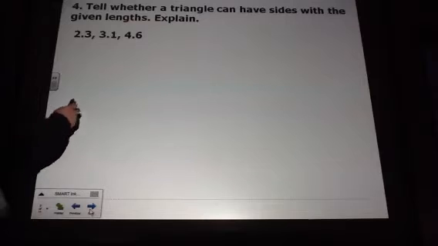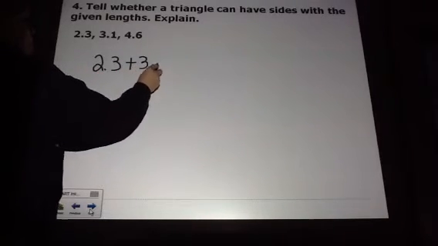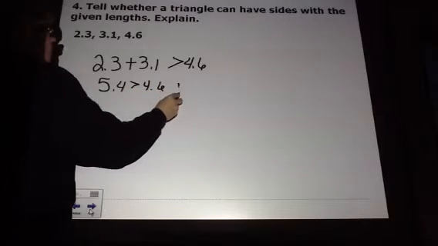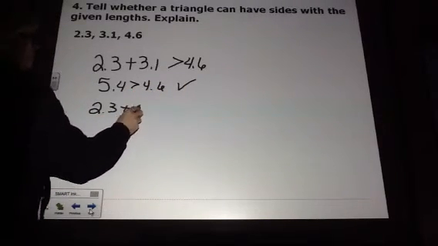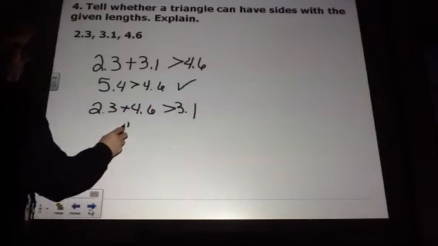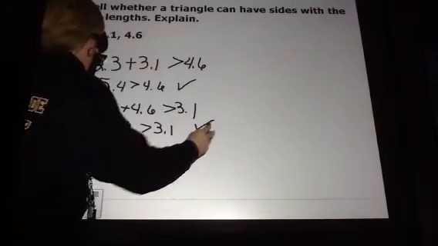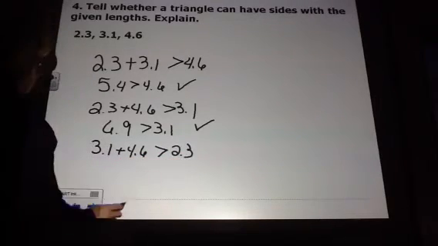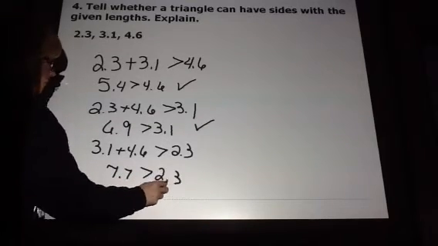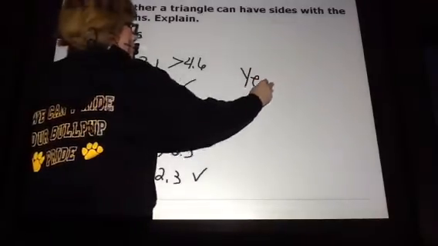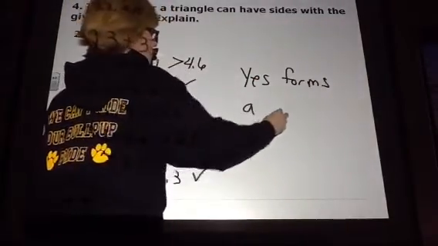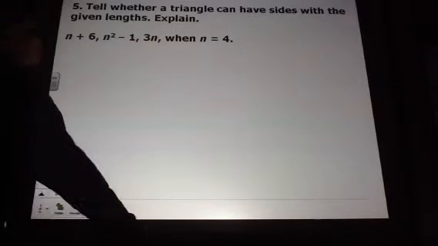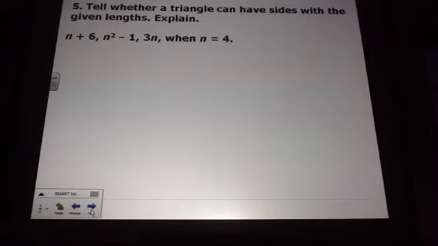Okay, I'm going to be quiet and let you do this one on your own. Determine whether a triangle can have sides with given lengths and explain.